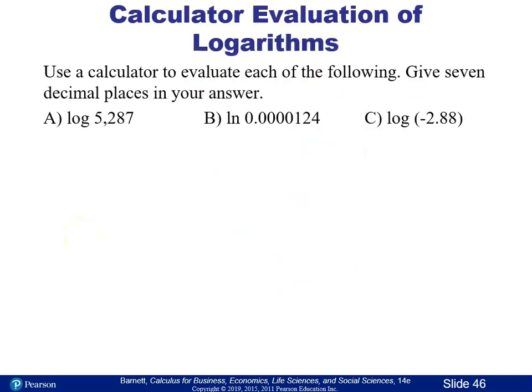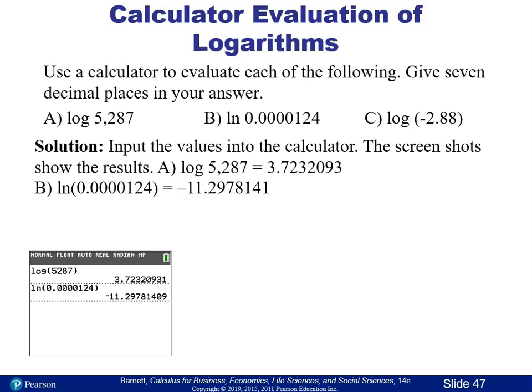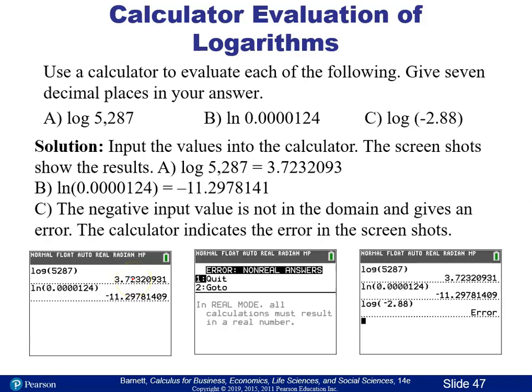Okay, this is just involving finding the key on your calculator to evaluate these. So hopefully you have found that and try that. So if I take the log of the 5.287, you can see what I get there. The ln of this number gives me this.